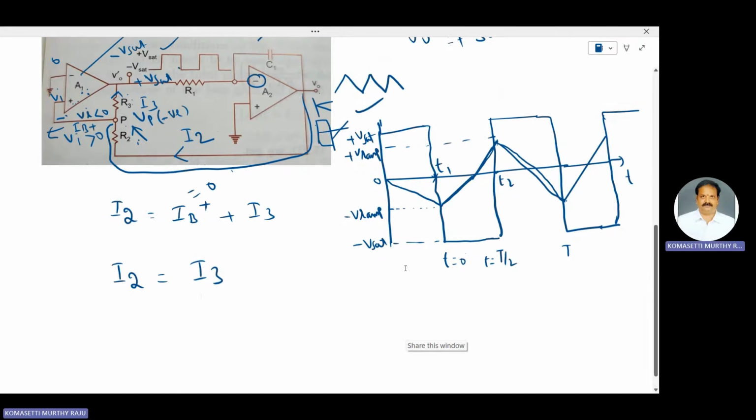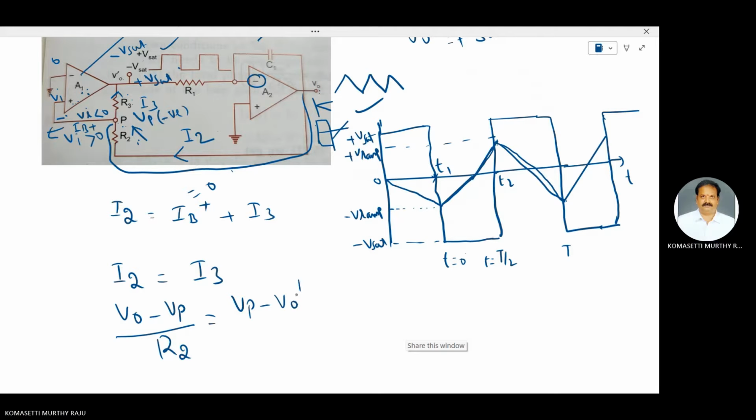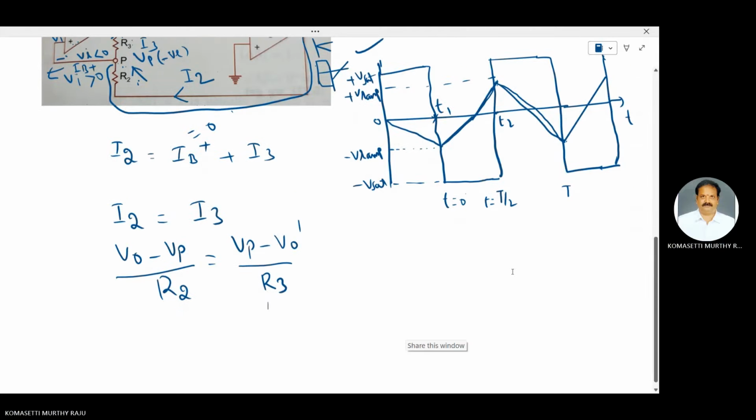I2 is equal to V0 minus VP by R2, where this voltage is VP. And I3 is equal to VP minus V0 dash by R3.